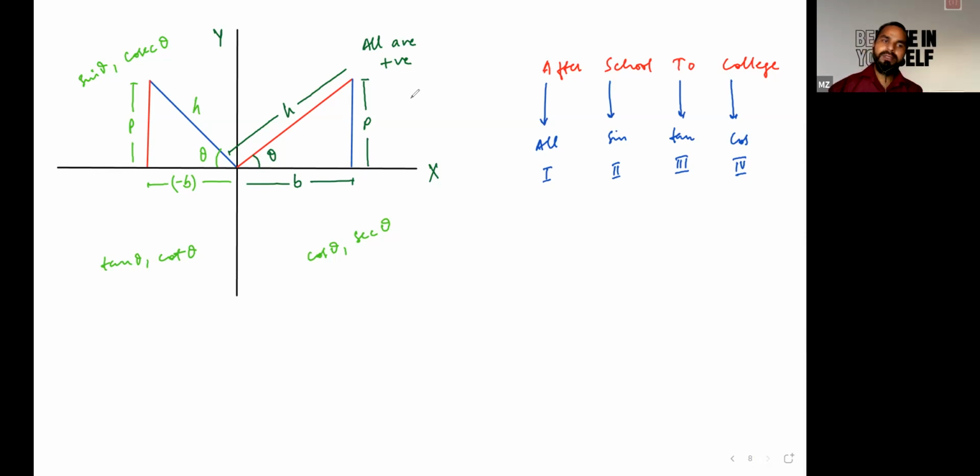Okay. Similarly, if you draw a triangle in this quadrant, just see we have a negative base as it is going towards the negative x-axis. So the ratios containing perpendicular and hypotenuse will give you a positive value, and the rest of the terms would be negative.